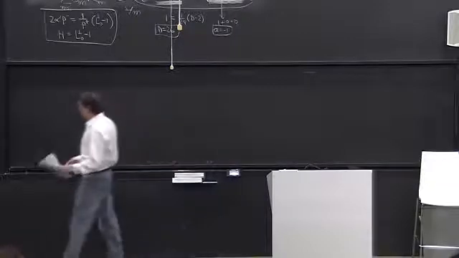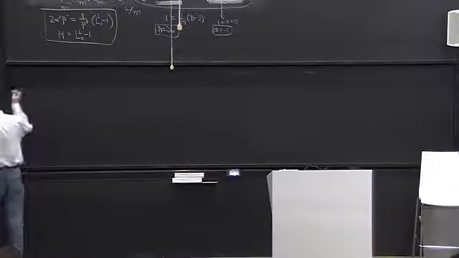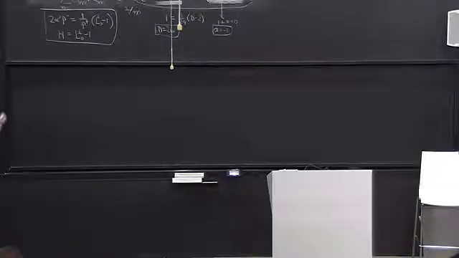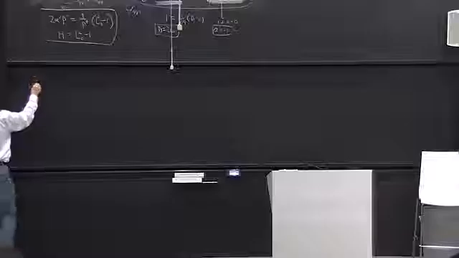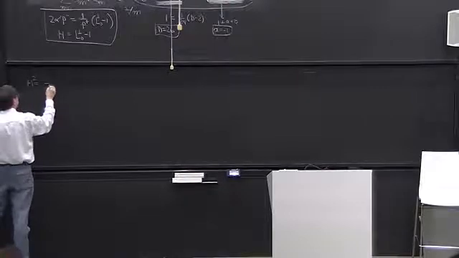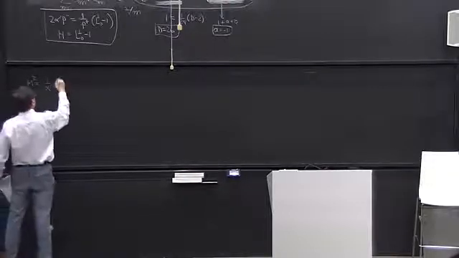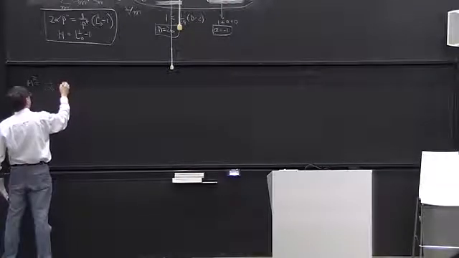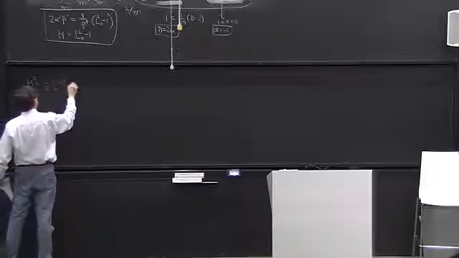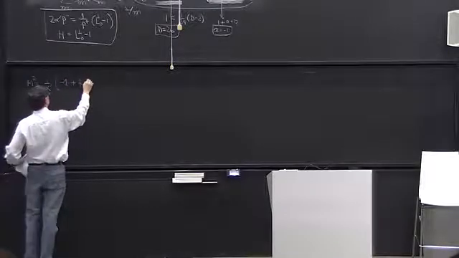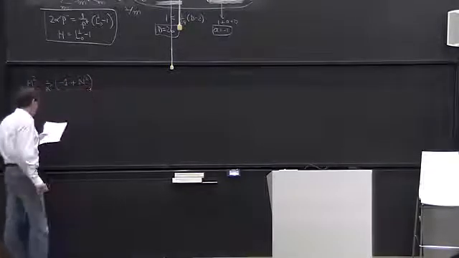Remember the other thing we had, the mass squared was 1 over alpha prime times the constant a, which now we know is minus 1, plus the number operator, the perpendicular number operator.